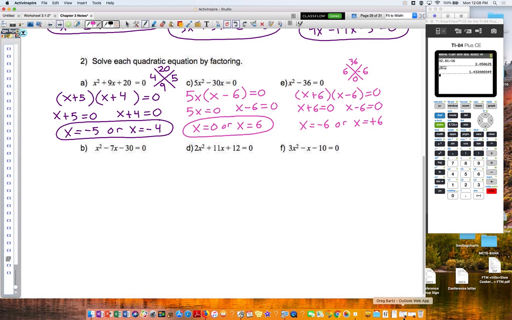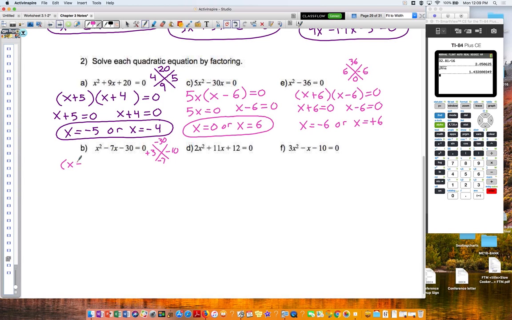All right, the last 3, same process. I look at the first one, it's still just an x squared, so I'm looking at factors of negative 30 that add up to negative 7. So 1 and 30, don't. 2 and 15, that would be negative 13 if I made one positive, one negative. 10 and 3, if I go 3 and negative 10, that's going to give me my negative 7.